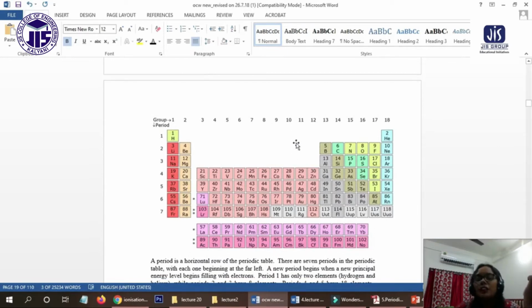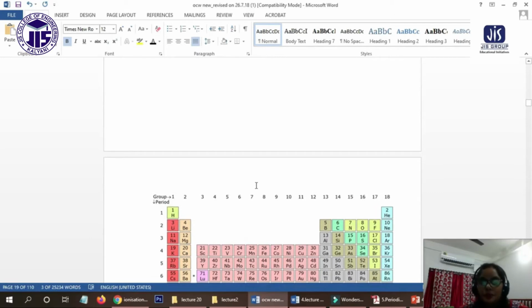If we arrange the elements according to their atomic number, not the atomic mass, only that time will the demerits of Mendeleev's periodic table be sorted out.